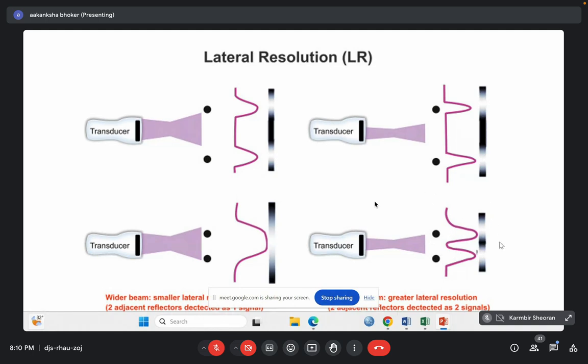So this is the lateral resolution. To identify two structures which are lying side by side to one another, they should be resolved to be two independent identities and not as a single.